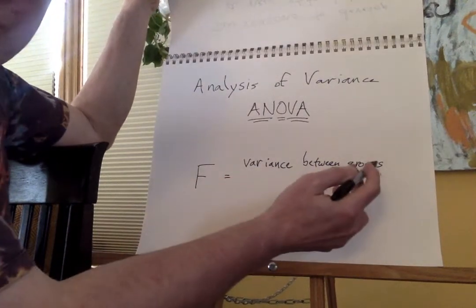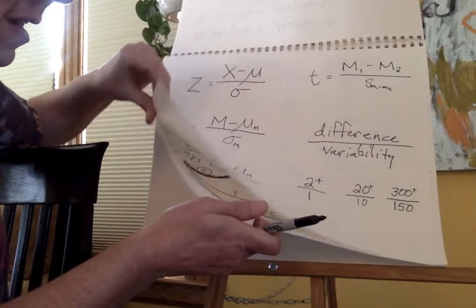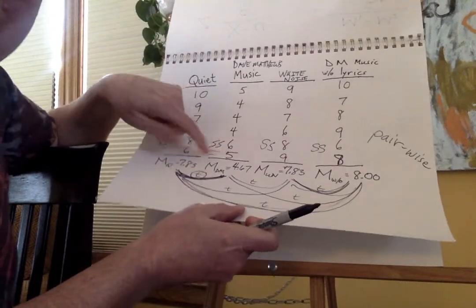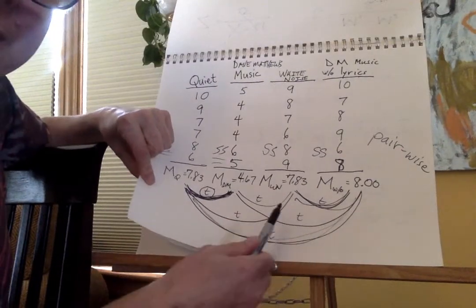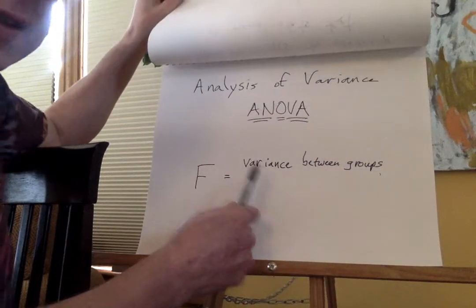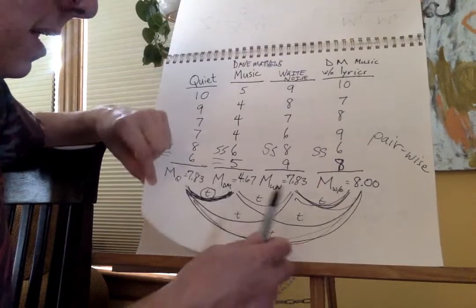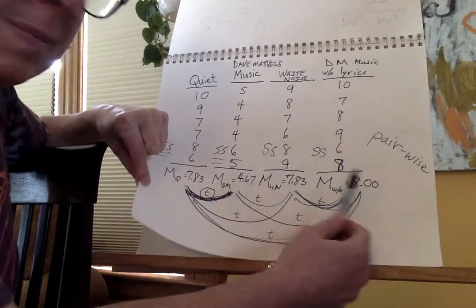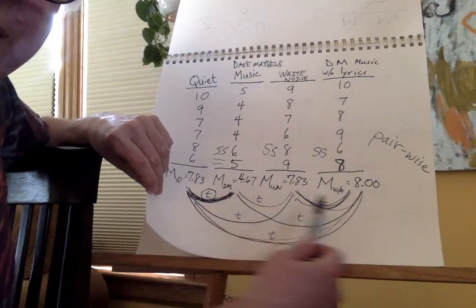Variance between groups looks a little bit different, but that's because I have more than two groups here. It's not just one difference, it's up to 6 differences. Variance still means difference. How varied are the means? I want to know how these means differ between the groups, this way.